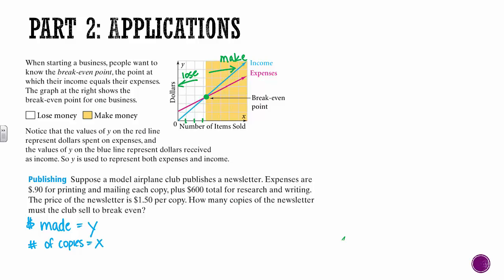So expenses. Expenses are 90 cents for printing and mailing each copy. So our expenses equal 90 cents for each of them, plus 600 bucks total. And then our income is we're charging people $1.50 per copy.